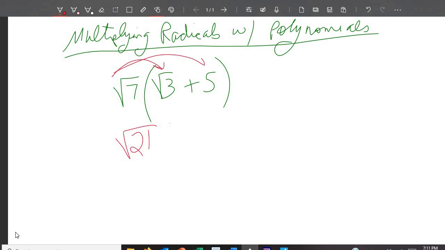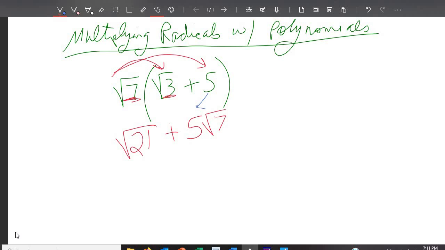Square root of 7 times a whole number 5. The 5 is not under the square root symbol, so it goes in front, and you put the square root of 7 behind it. So you multiply what's underneath the square roots. If a number is not in front of the square root, it goes in front.